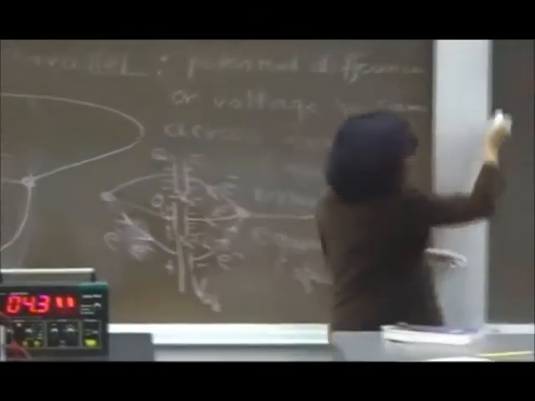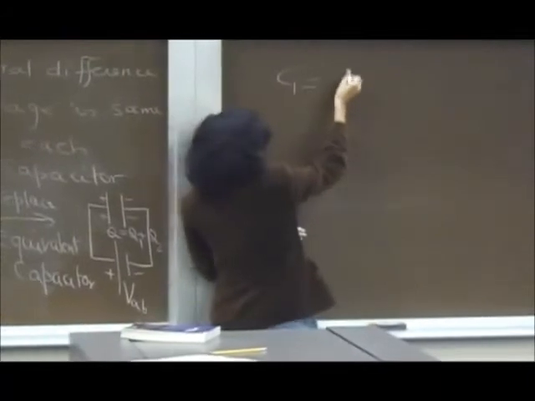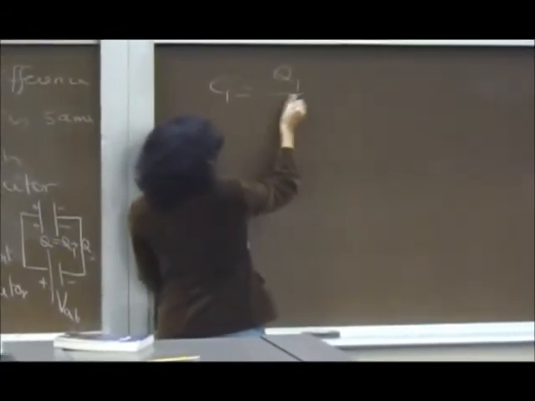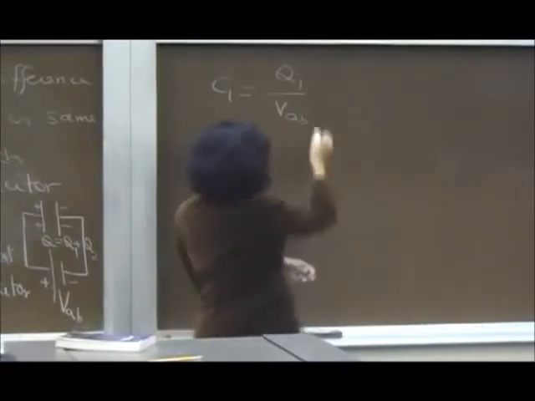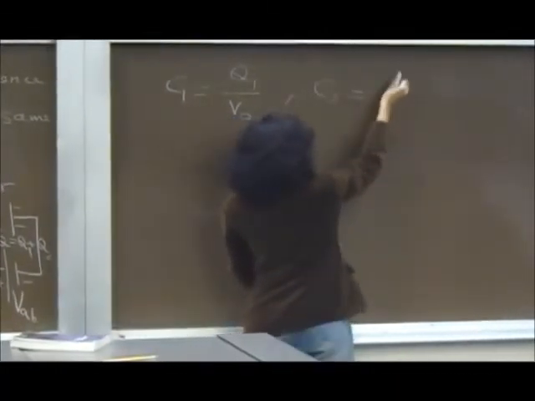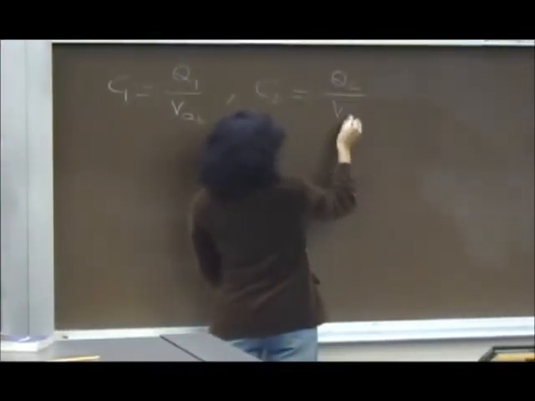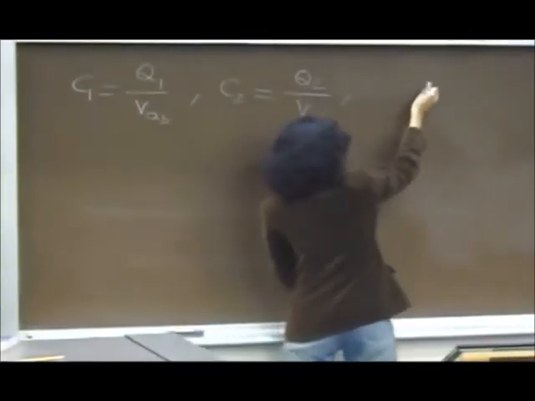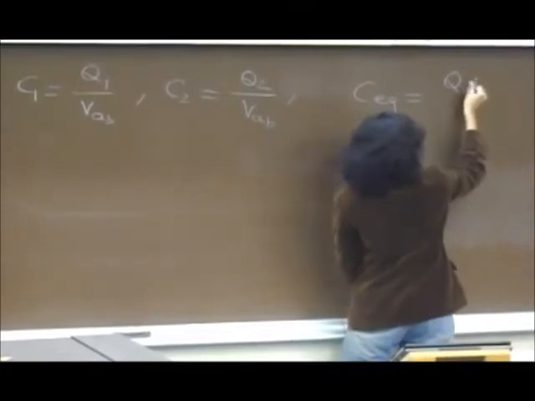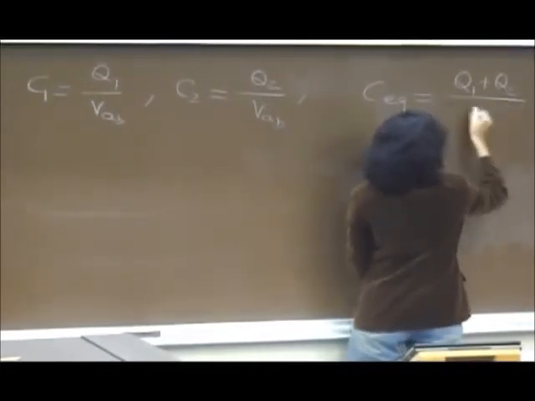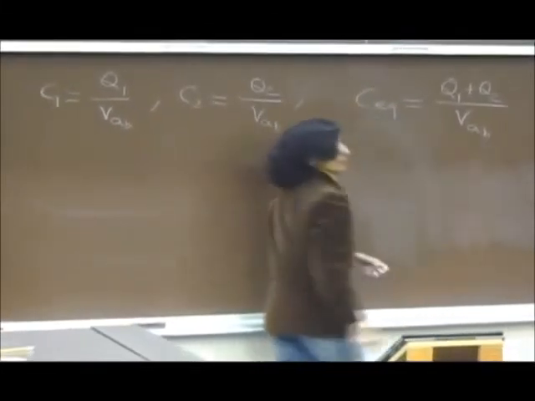Tell me, should C1 be equal to Q1 divided by VAB? Similarly, shouldn't C2 be equal to Q2 divided by VAB? And C equivalent should be equal to Q1 plus Q2, which is the total charge, divided by VAB.